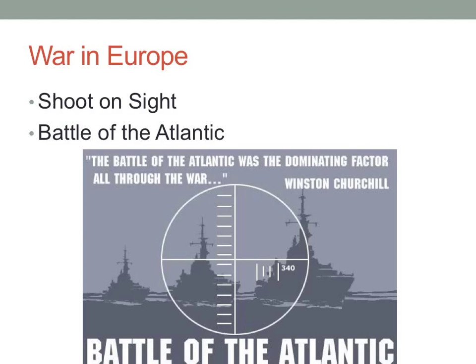General George Patton was one of the most successful U.S. commanders. Germany's goal in the Battle of the Atlantic was to keep food and war supplies from reaching Great Britain and the Soviet Union. President Roosevelt described the German U-boats and their crews as the rattlesnakes of the Atlantic.